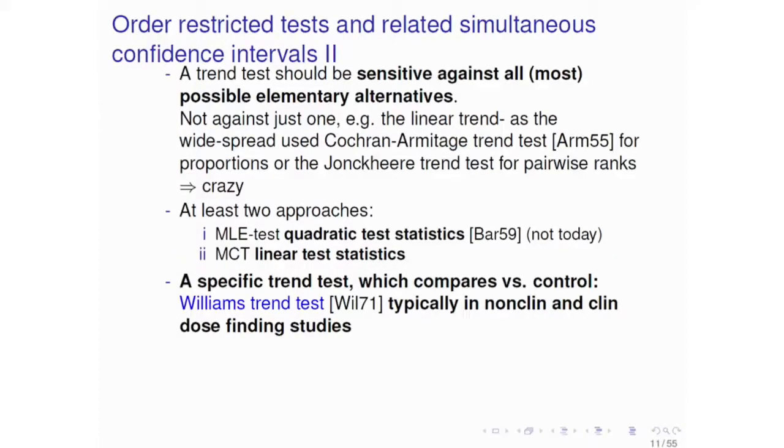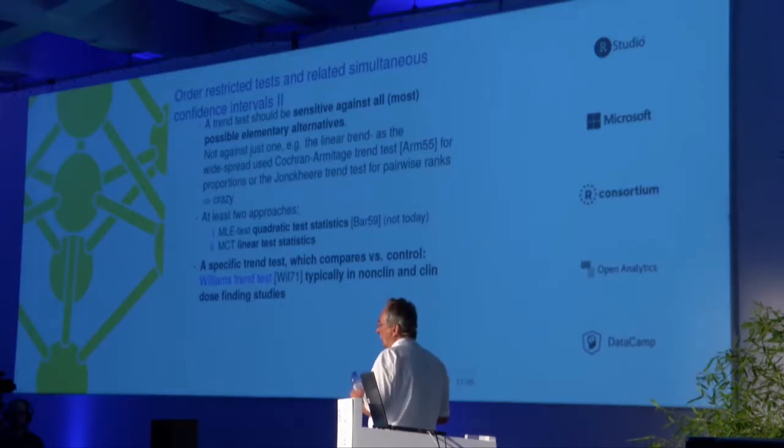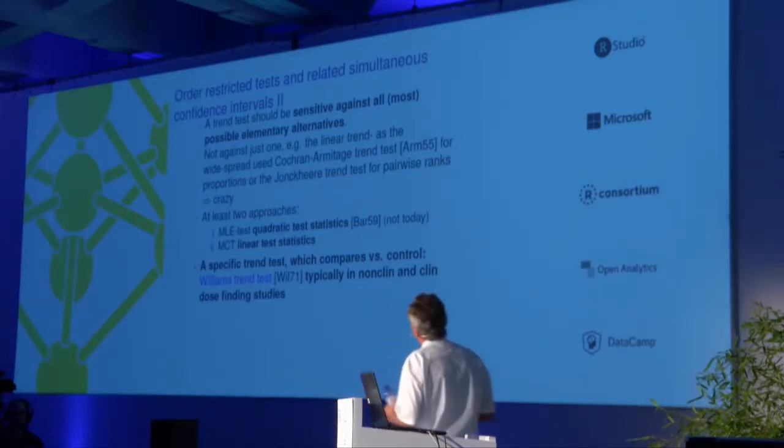Okay, coming back. If I do not have such a specific objective as in genetic association studies, I want my trend test to be sensitive against all possible alternatives. That you will never have. What you can have is most. And it's crazy, if you look in the literature, the two most used tests are the Cochran-Armitage test outside of genetic association studies, and, for pairwise ranks, the Jonckheere trend test.